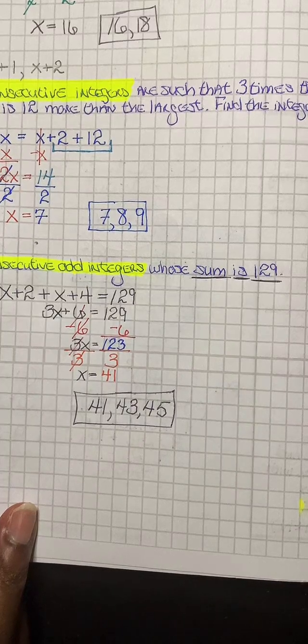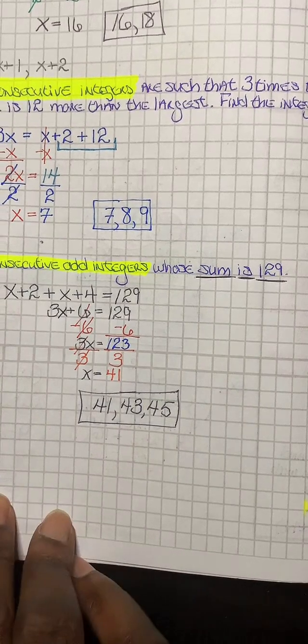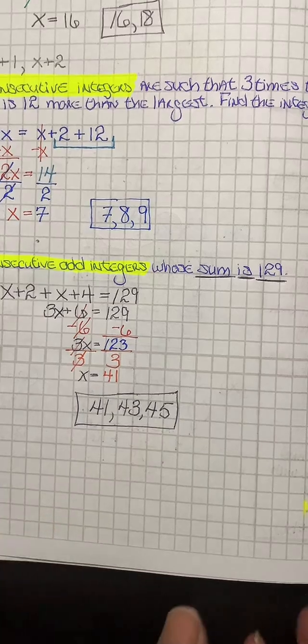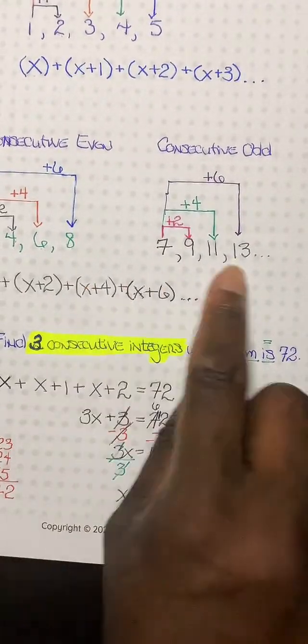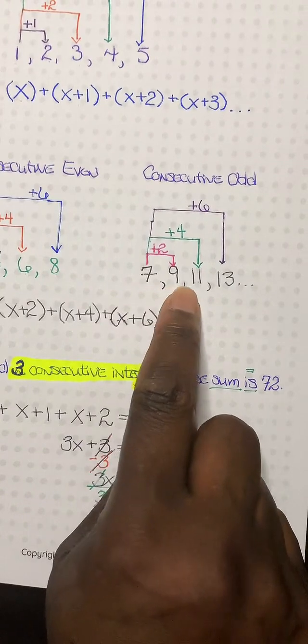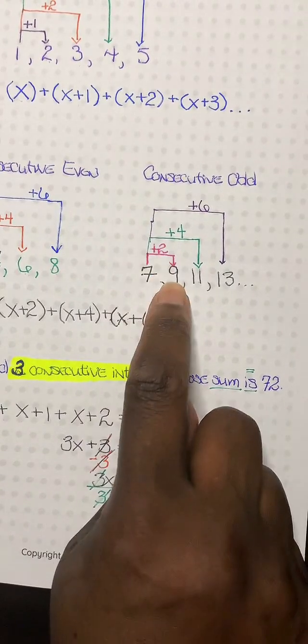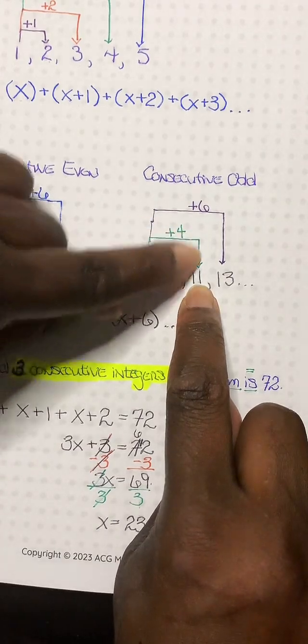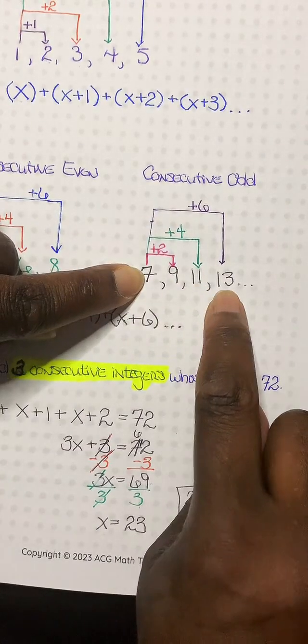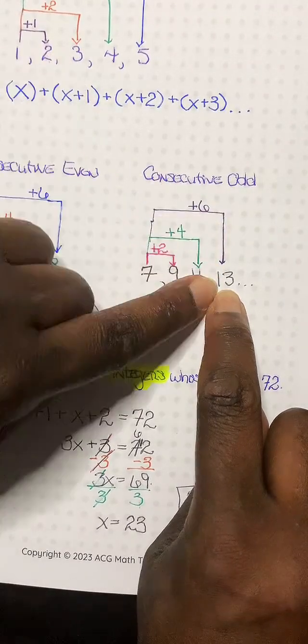What do you mean you messed up from the beginning? Oh, no, I thought odds. Yeah, odds is 1, 3, 5. But when it comes to finding them, remember, depending on where you start, how do I get from one number to the next? I add 2. How do I get from 7 to 11? I would add 4. How do I get from 7 to 13? I will add 6.